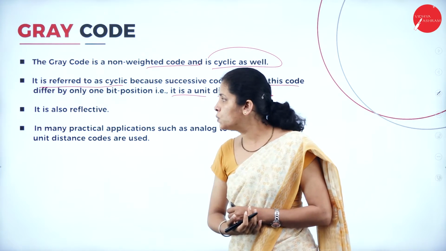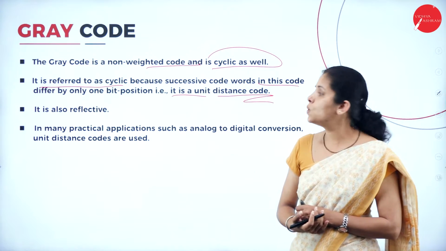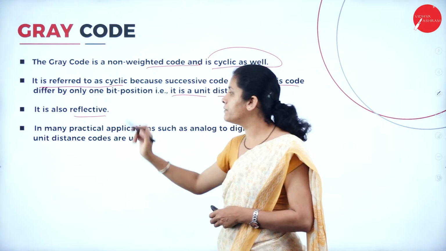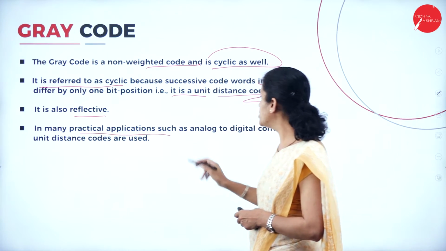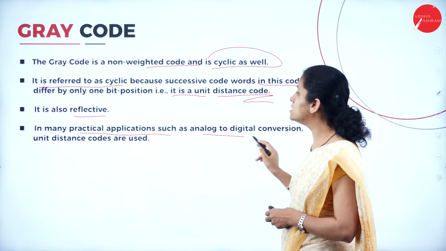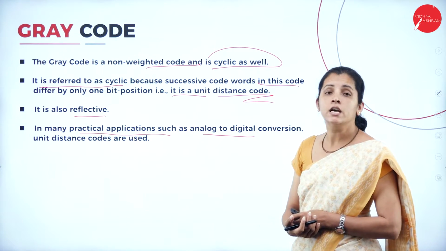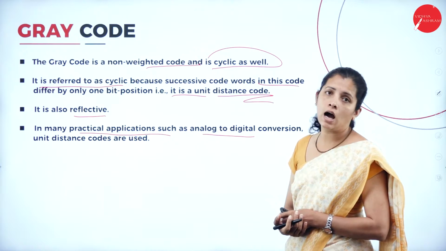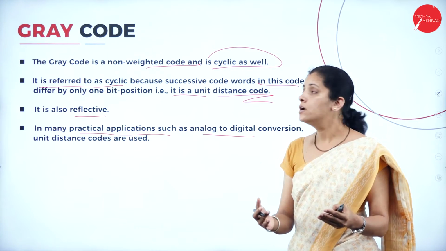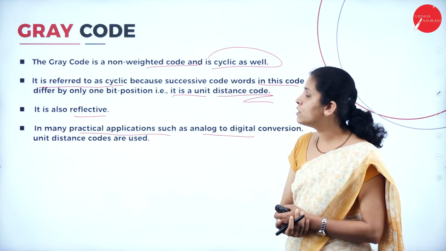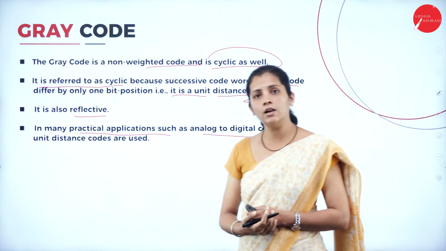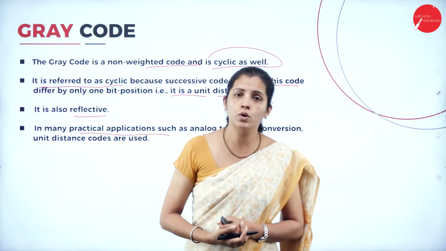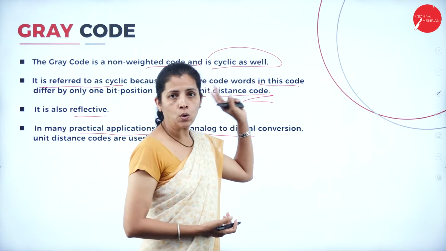It's also known as unit distance code and it is reflective. And in many practical applications such as analog to digital conversion, unit distance codes are used, where we can find the use of gray code in the field of analog to digital conversion. At that time we are going to use gray code.